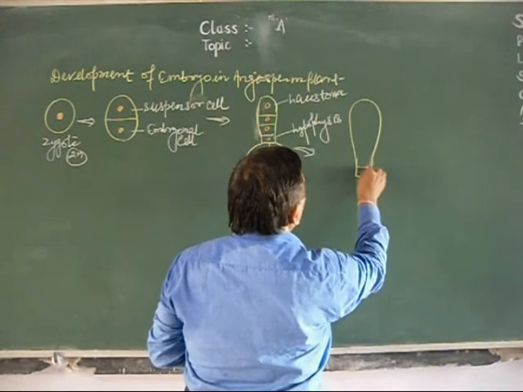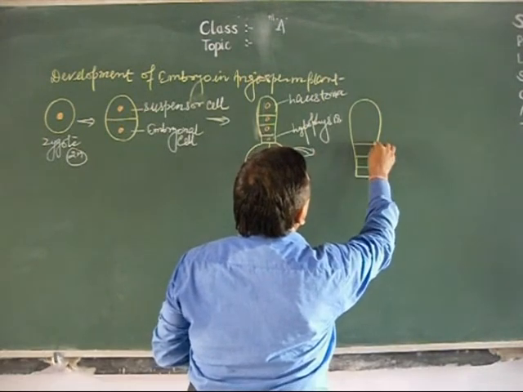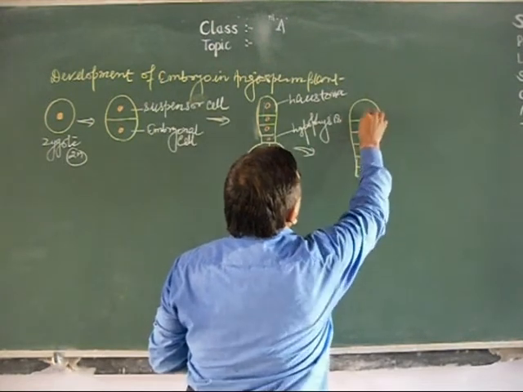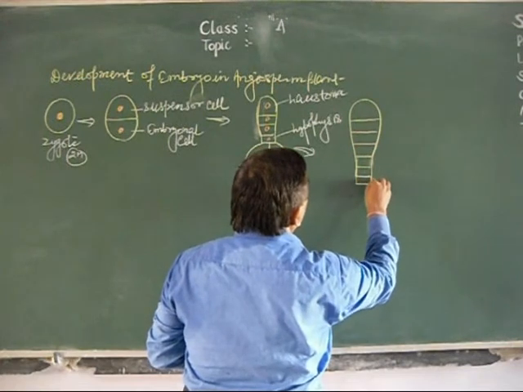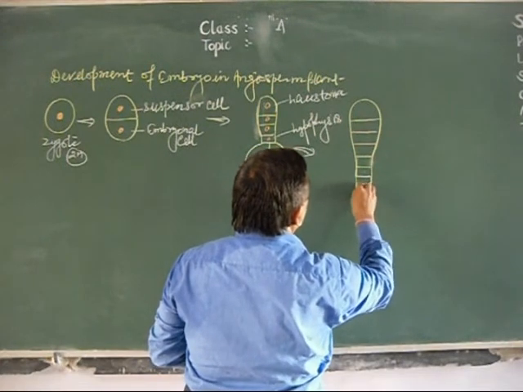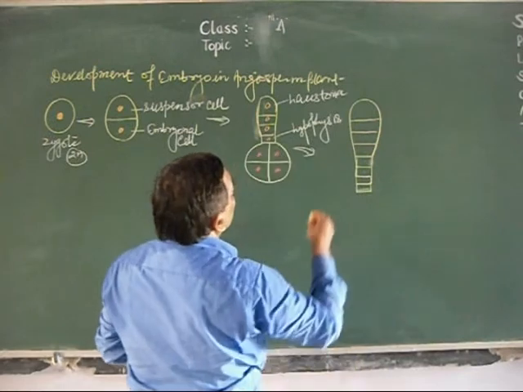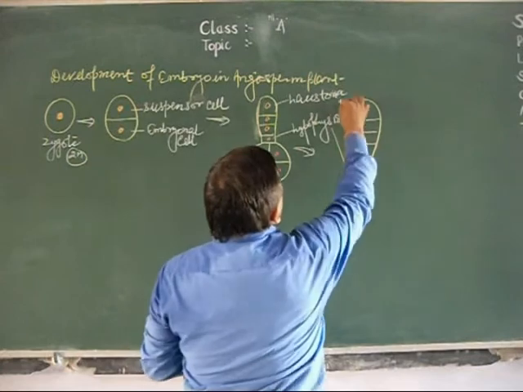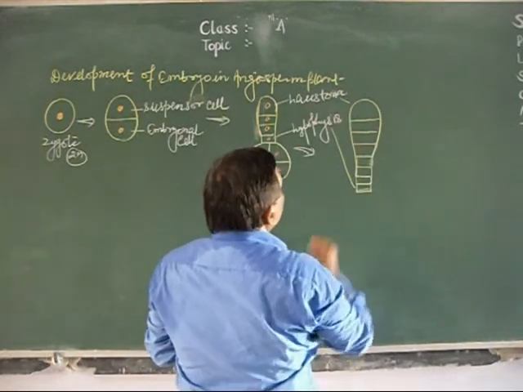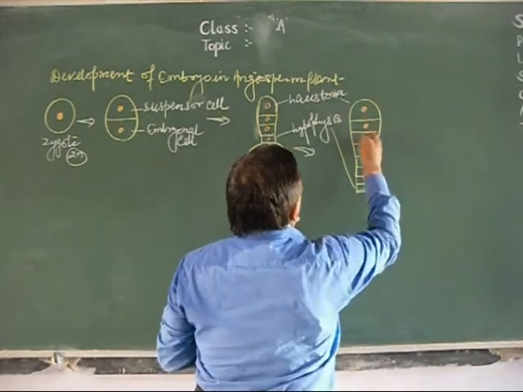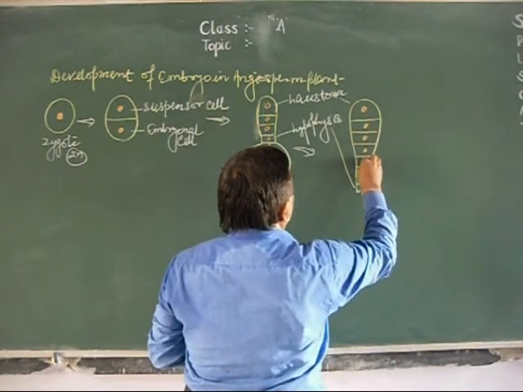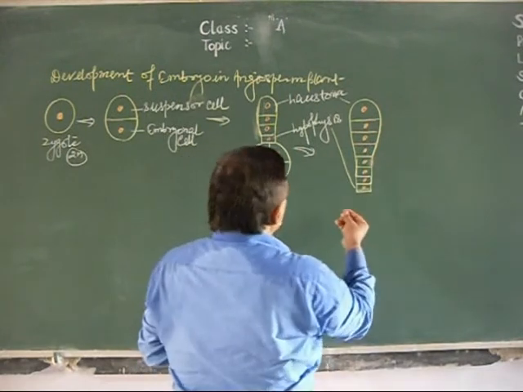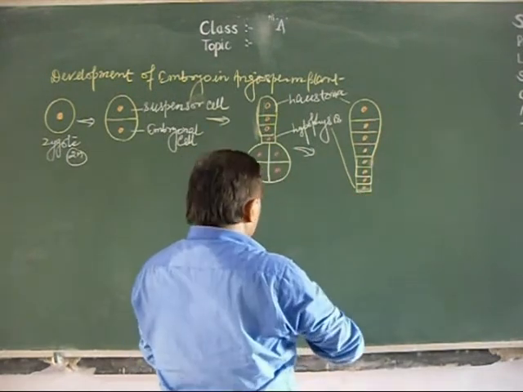Now 1, 2, 3, 4, 5, 1, 2, 3, 4, 5, 6, here 7, and this is 8 cell. So this cell is hypophysis and this is haustoria. Now this again divide to form 8 cell.